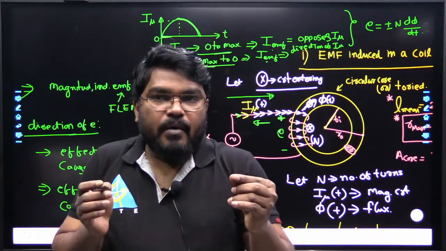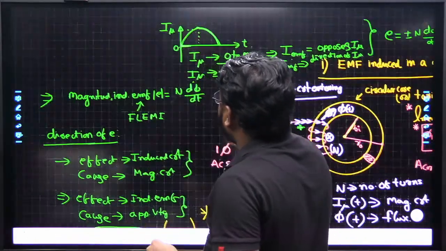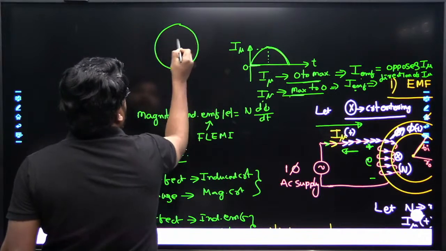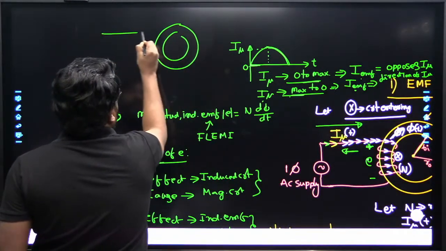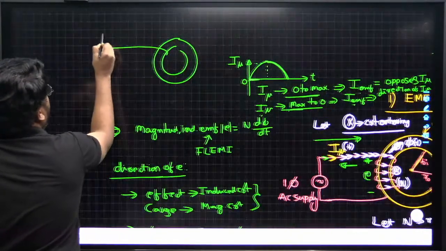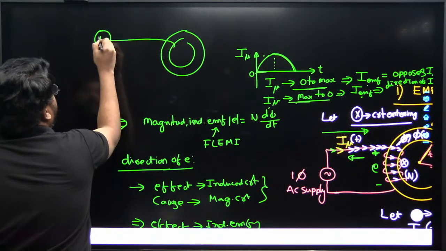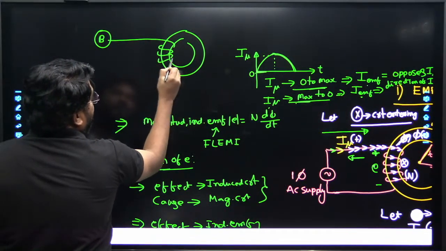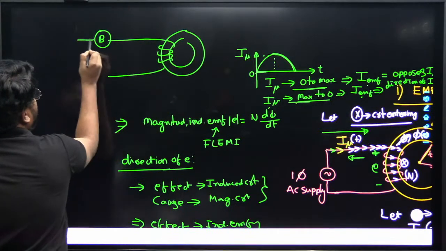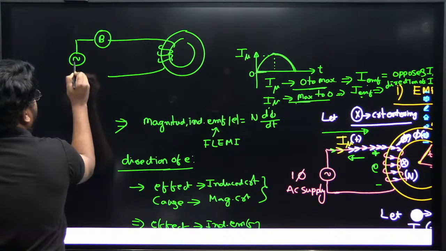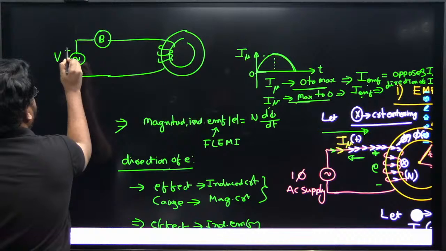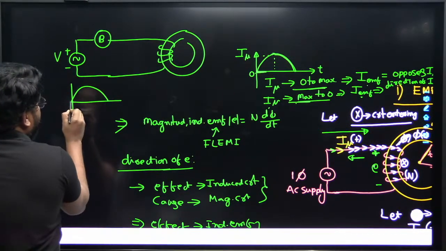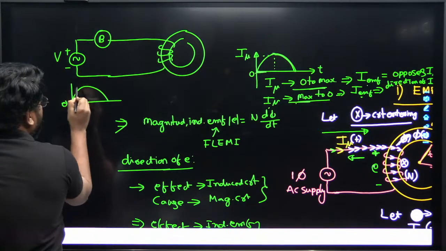Suppose we have a coil, and in this coil we are placing a bulb. Here is an example. Suppose it is excited with the AC supply. In the positive half cycle, the current changes from 0 to the maximum.